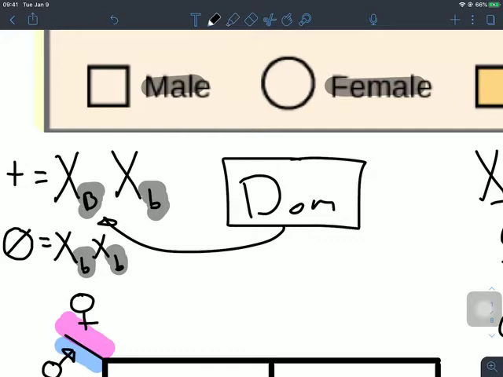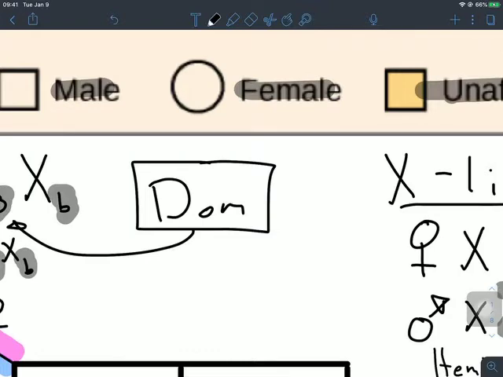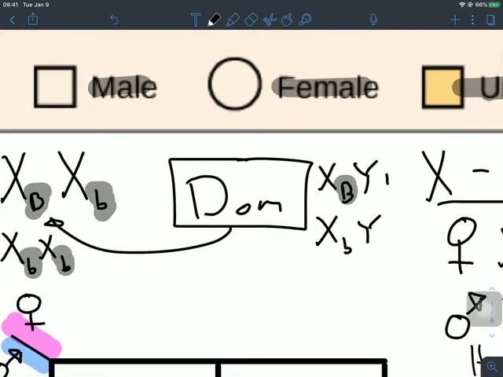How does this manifest in a male? Well, if we're looking at our male possible genotypes, an X with a capital B and a Y, well, only one allele, it's going to have it. And an X with a lowercase b and a Y, not going to have it. So we have one that's affected, one that is unaffected.